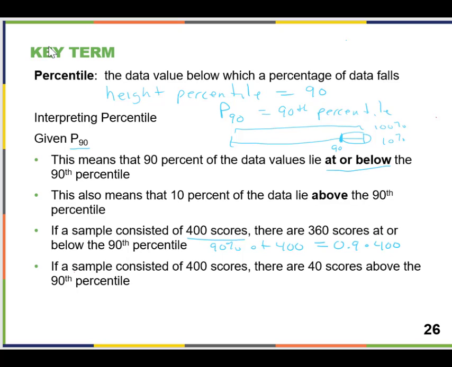And if a sample consisted of 400 scores, there are 40 scores above the 90th percentile. So that means you're looking for what percent? If 90% are below, you're left with 10% above. So 10% of 400, and again, you would calculate that by doing 0.1 times 400.